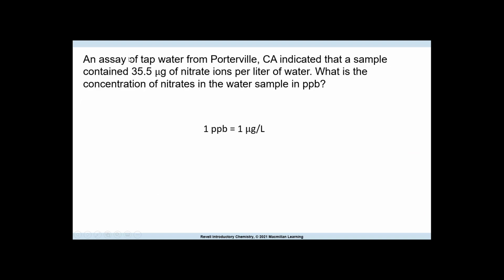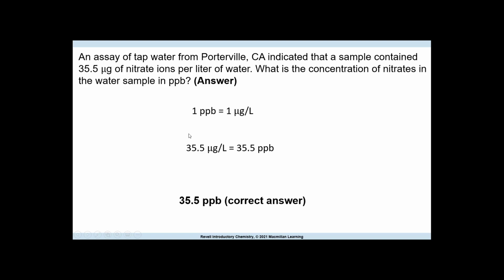Okay, an assay of tap water from Porterville, California indicated that a sample contained 35.5 micrograms of nitrate ions per liter of water. What is the concentration of nitrates in the water sample? So I gave you the conversion because this is what we're going to use. And now we're just going to pull that out. So remember 1 part per billion is 1 microgram per liter.